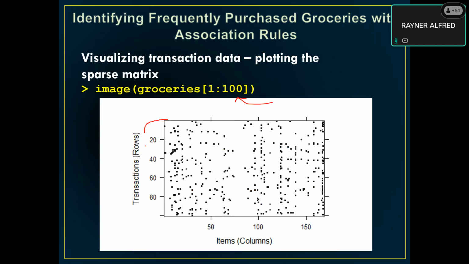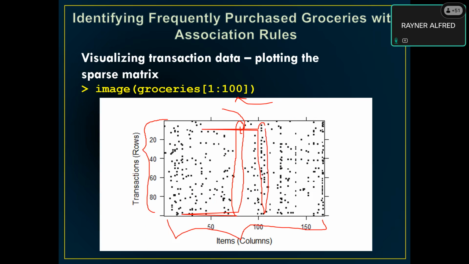So this is the transactions that we have, and this is the items that we have. If we look here, this is empty. So we can do something about this. We don't sell this one, or we can say that this is very popular here and also here. So we need to look at what these items are, or even this one.